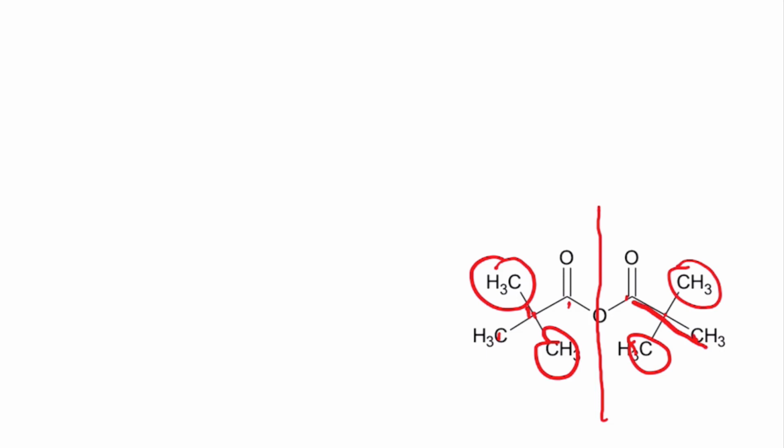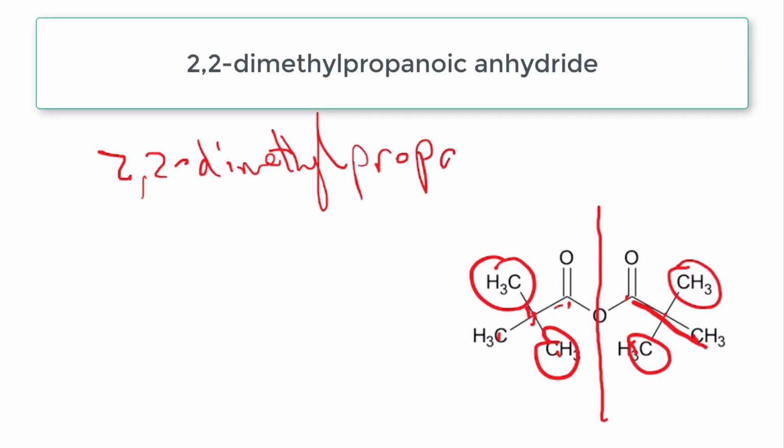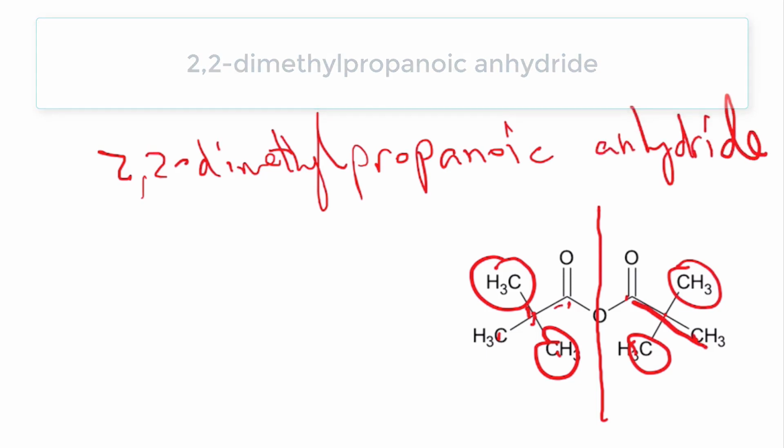I don't have to name it twice, essentially. So in the 2 position is a methyl, in the 2 position is another methyl. So I'm going to call this a 2,2-dimethyl propanoic anhydride. See how I can fit this. Oh, I did it. Hooray for me.